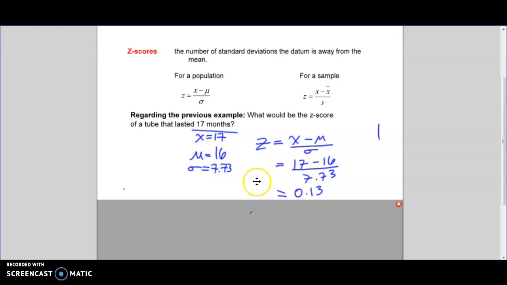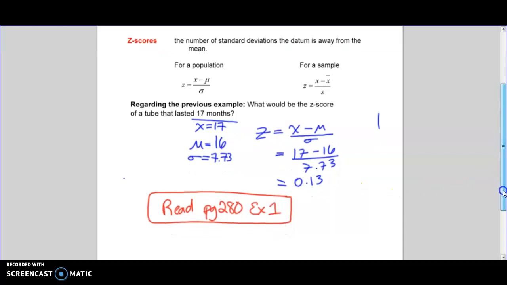Okay. So anyways, without getting too complicated here, to answer our question, the z-score for a tube that lasted 17 months is 0.13, and that means that piece of data is 0.13 standard deviations away from the mean. Okay, and that's what the z-score tells us.